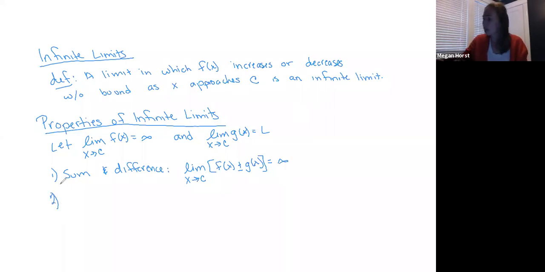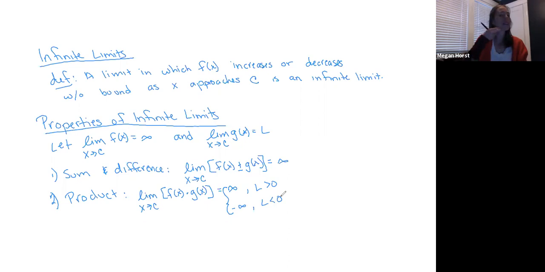The next one we have is our product property. And that just says that if I take the limit as x approaches c of f of x multiplied by g of x, I'm going to get infinity out when L is greater than 0, and I'll get negative infinity out if L is less than 0.